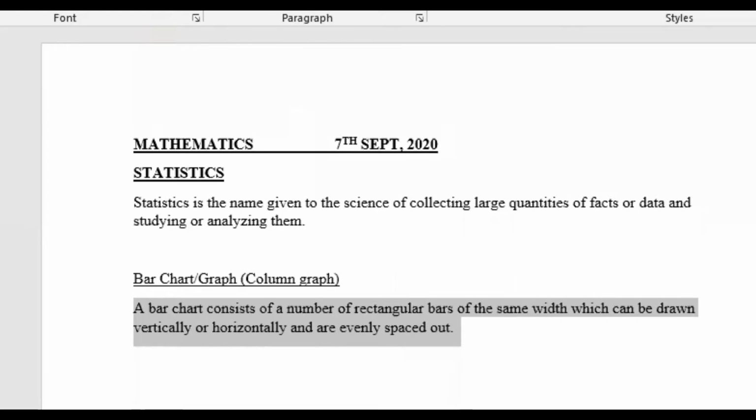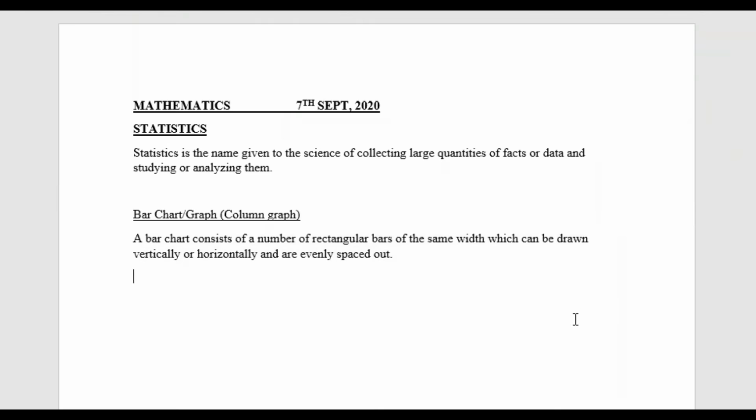When it says evenly spaced out, it means that between the bars you have even spaces.